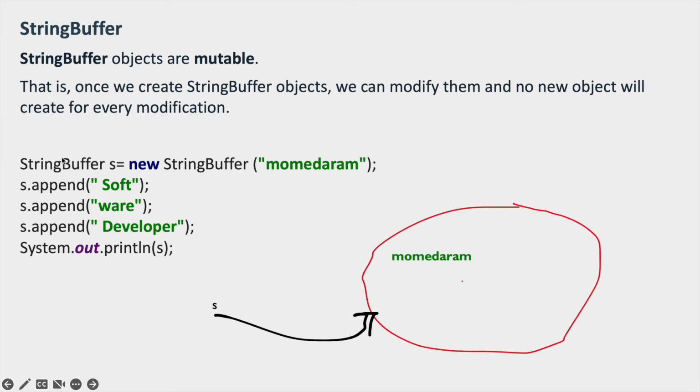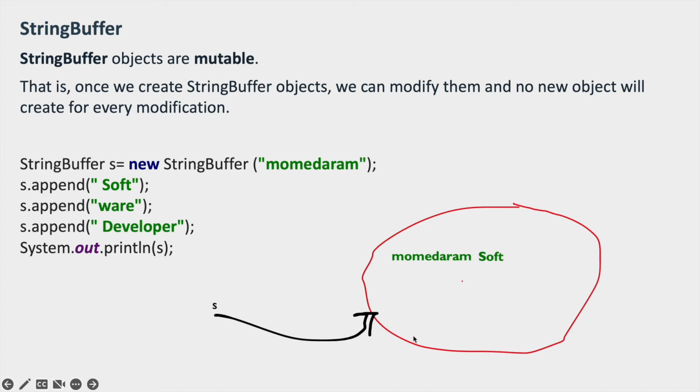When the first line, StringBuffer s = new StringBuffer("Momedaram"), runs, the Momedaram object will be created and it will be pointed to s. When the cursor comes to the second line, it will not create a new object like String objects. It will modify the content in the object only.